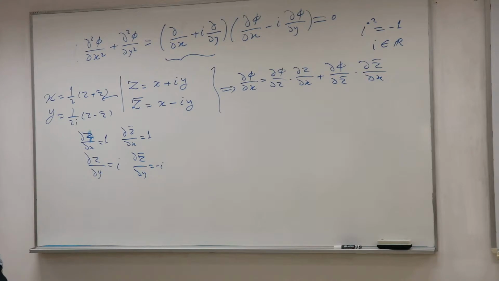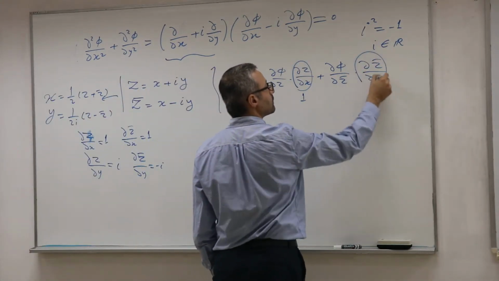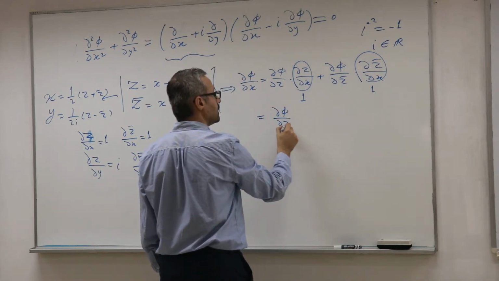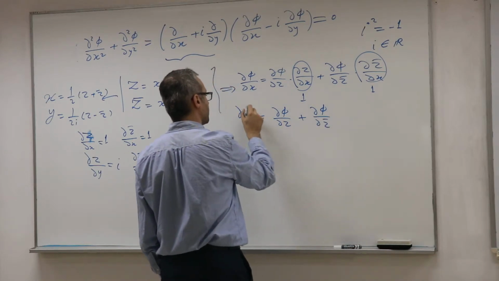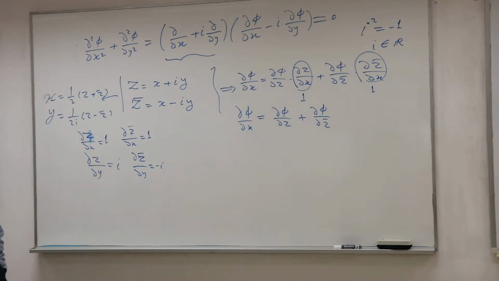So look at that. What I can write here is that this will be partial z plus partial z bar. Nothing, just the change of variable from x, y to z.